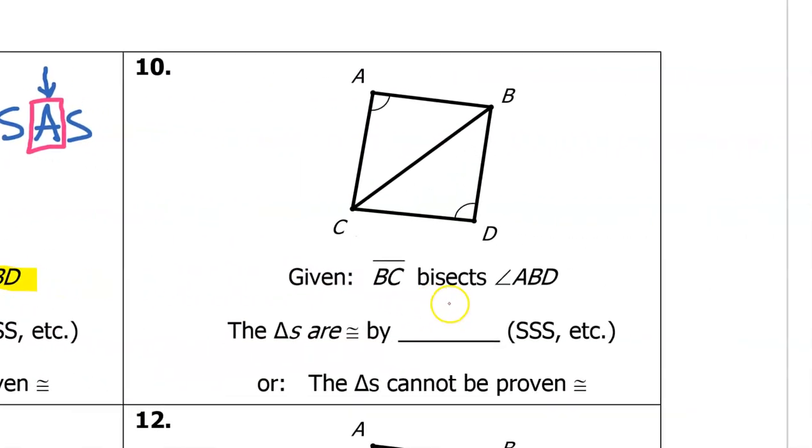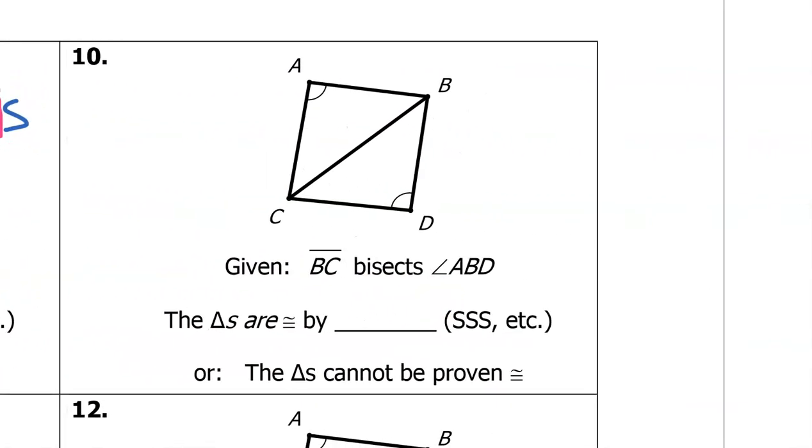All right, let's slide over to problem number 10. Go ahead and mark the shared sides as congruent. In addition to that, we are given segment BC bisects angle ABD. So angle ABD is this angle on the outside.